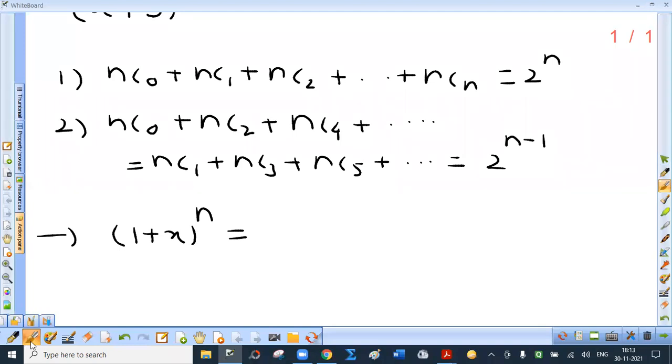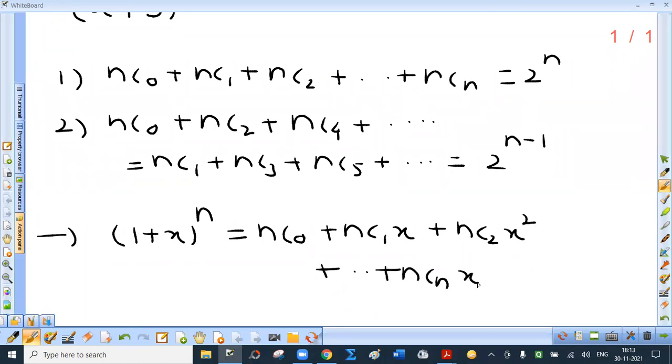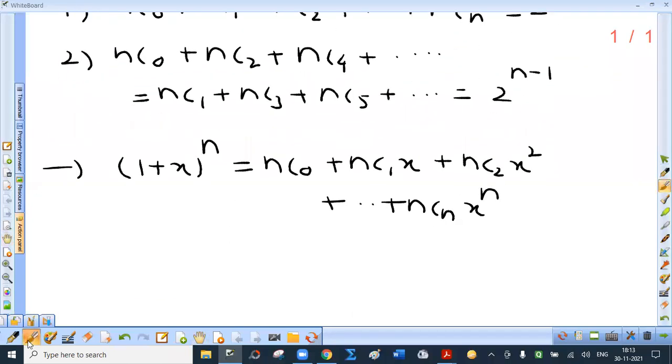So (1 plus x) raised to n is NC0 plus NC1 into x. See, I'm not writing 1 raised to n, 1 raised to n minus 1, because each of those terms is 1. Plus NC2 x square up to NCn x raised to n. Okay. Now, in this result, put x equal to 1.